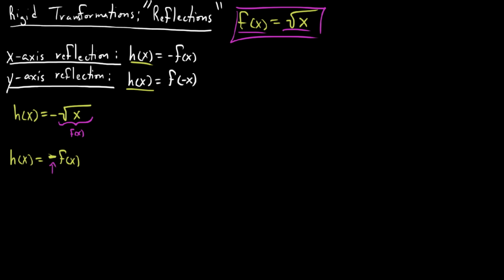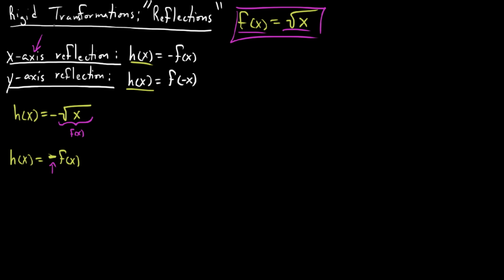Another way to look at this is that we're making negative f of x, right? We're kind of saying a negative y value, but I'll leave that aside for later. Let's go back up here and refer to what we started with. If h of x is equal to the negative of the original function, then what we know is that this is going to exhibit x-axis reflection.